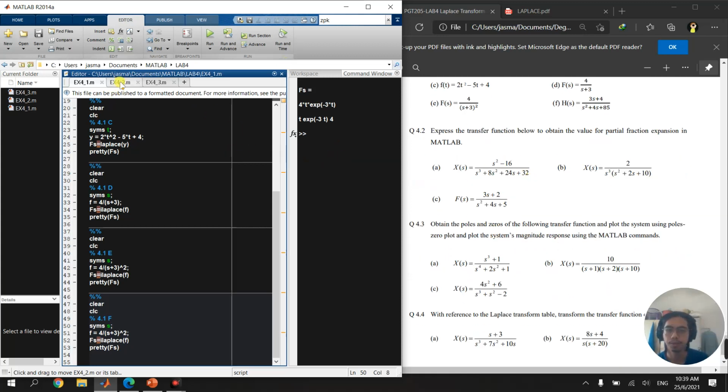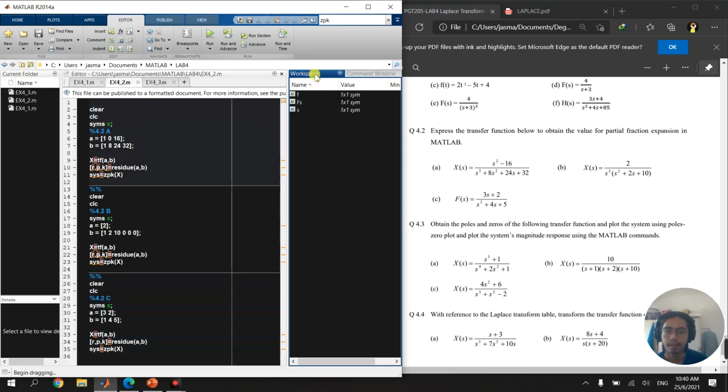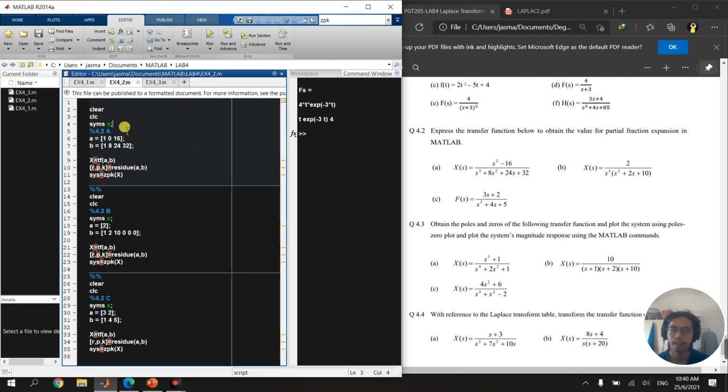Okay, now let's move on to question 4.2, which is to obtain the value of partial fraction in MATLAB. As usual, I use clear and clc to remove all the data from the previous lab and clear the command window first. Then I set s as a variable since it is in the s domain like in the question, and then we define the variables a and b, where a is the numerator and b is the denominator.